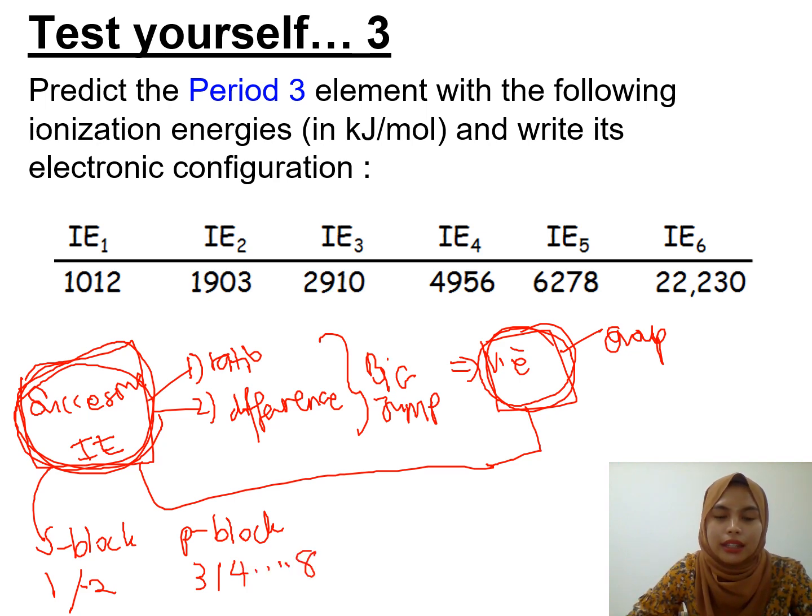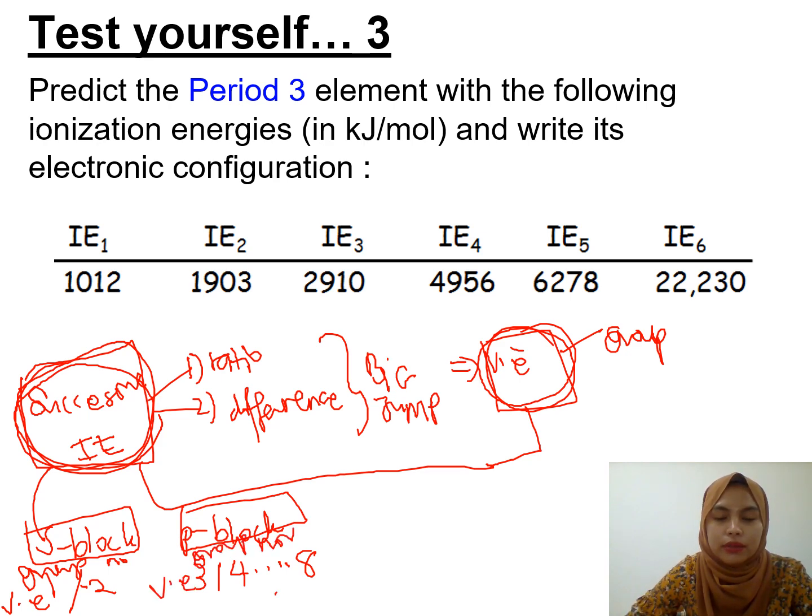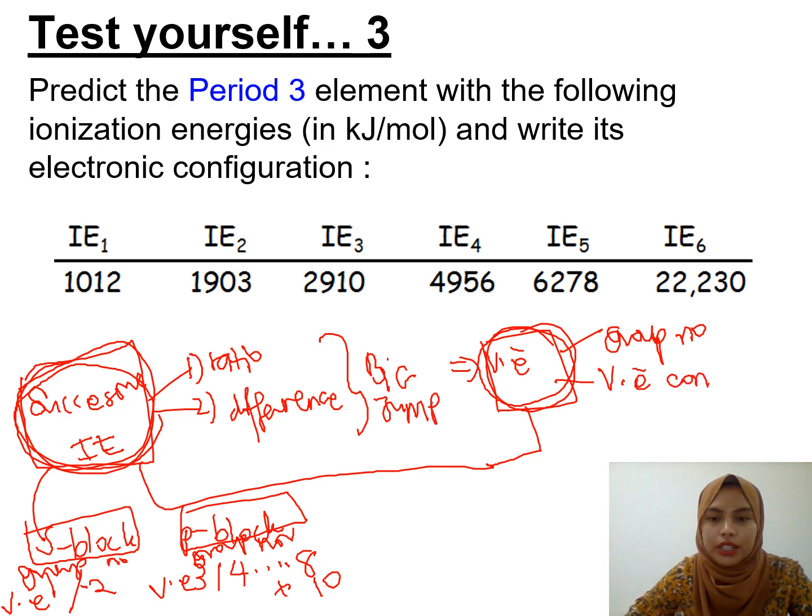Okay. And then kalau S block, nak tahu the group number untuk S block, it will be just the same as the valence electron. Kalau nak tahu the group number untuk P block, the valence electron needs to plus with 10. Okay, and then daripada situ juga you boleh dapat group number and you boleh dapat tahu the valence electron configuration.